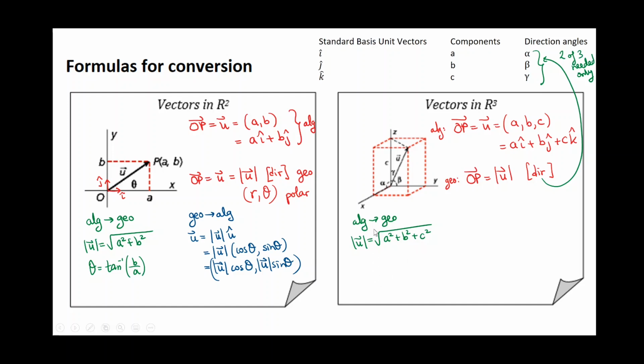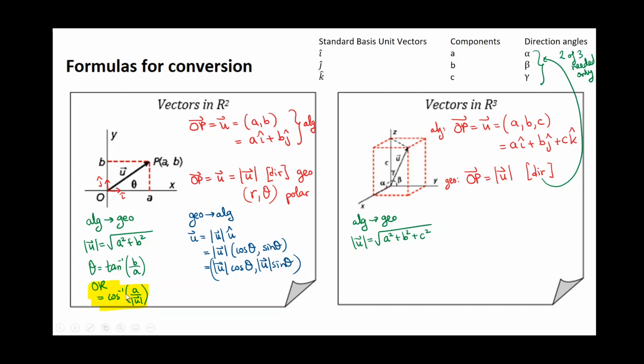So for conversion from algebraic to geometric, like before, we have the extension to 3 dimensions of the Pythagorean theorem. In terms of the angles, this theta could have been quoted using the CAH of SOHCAHTOA. So we could have said it is adjacent over the hypotenuse, and the hypotenuse ends up being the magnitude of the vector itself.